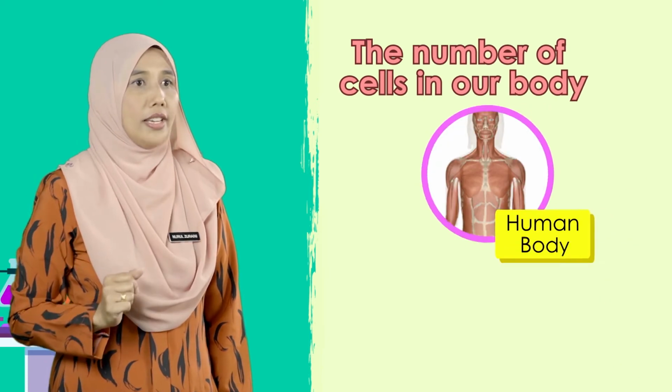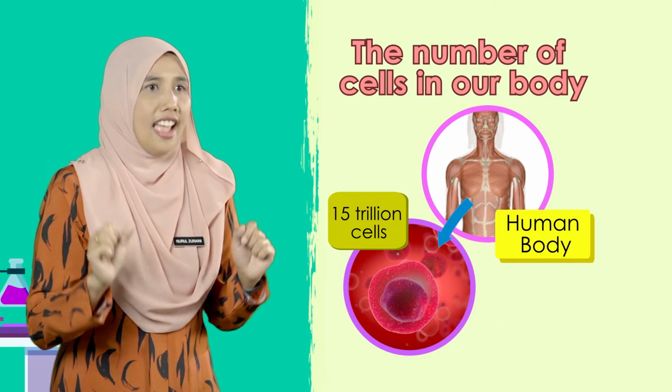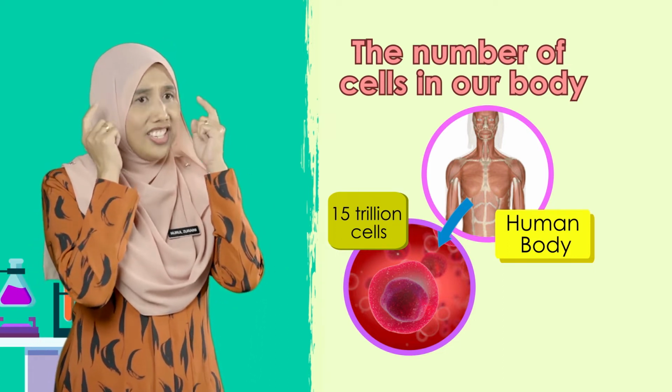The human body has approximately 15 trillion cells. Can you imagine that? But pupils, can you see all those cells in your body? No, we cannot see the cells by using our naked eyes because the cell is very tiny.